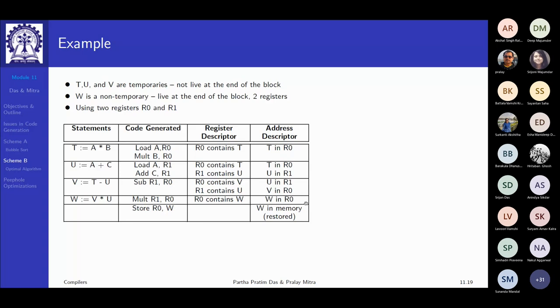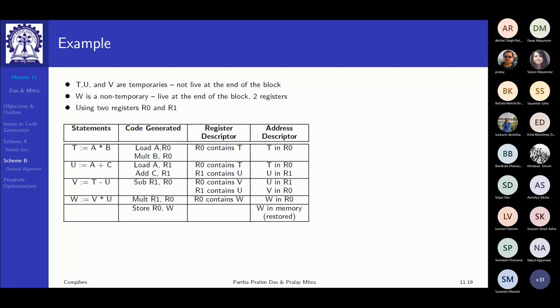And we said W is a non-temporary, live at the end of the block. So we have come to the end. So now we have to write back R0, W. So we store R0 to the address location W. So W is in memory.